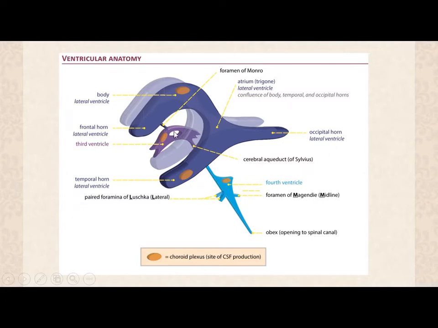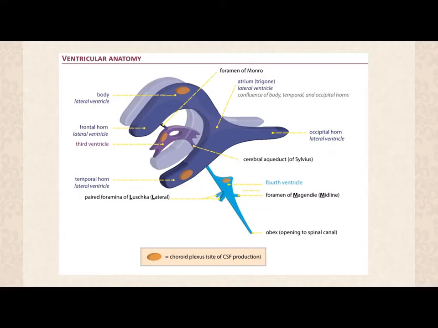The lateral ventricle is connected to the third ventricle by the foramen of Monro, and the third ventricle is connected to the fourth ventricle via the cerebral aqueduct of Sylvius, and from there the CSF will flow into the spinal canal via three foramina, one in the midline called the foramen of Magendie, and two on each side on the lateral aspects called the foramina of Luschka.